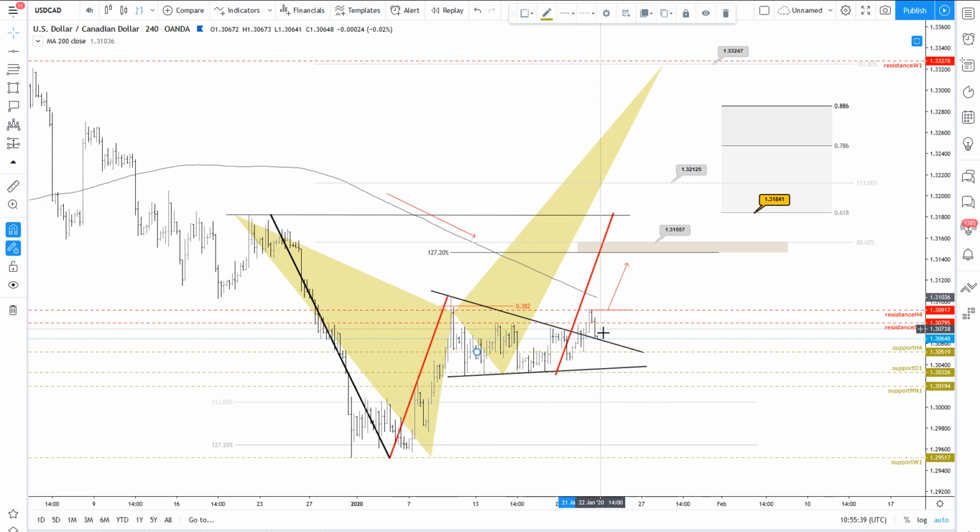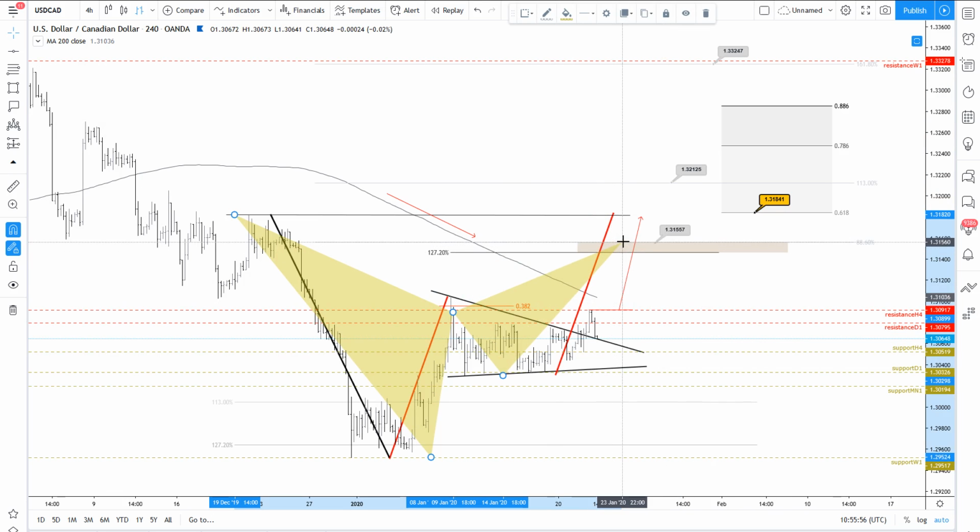So basically, as I said before, we are now threatening this trend line. If there's a clear bounce and a clear breakout of these highs, it should trigger more upside momentum for the Canadian, with some pressure levels above, starting with actually the 88% fib, or very close to that level, 131.55.